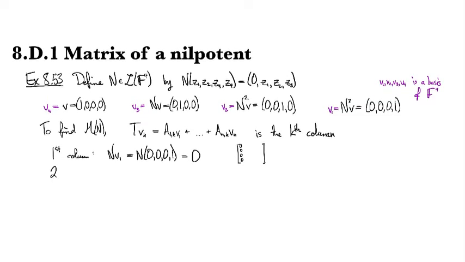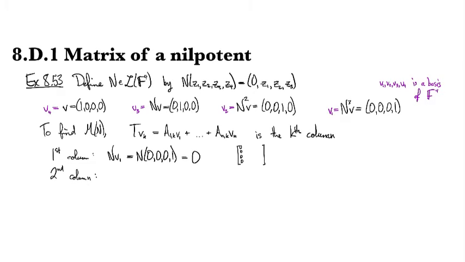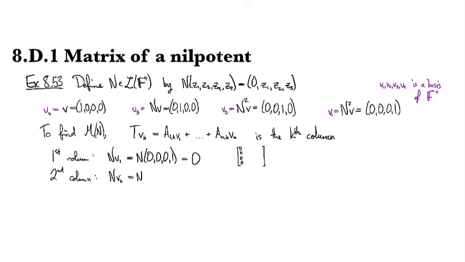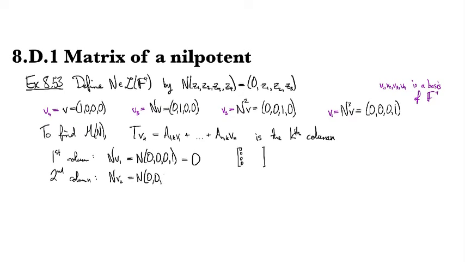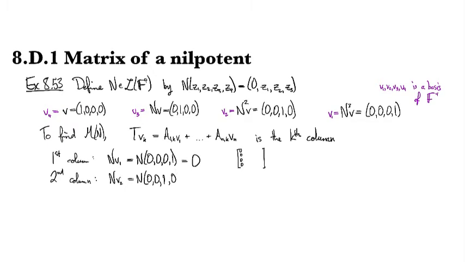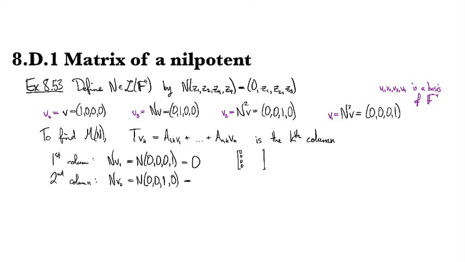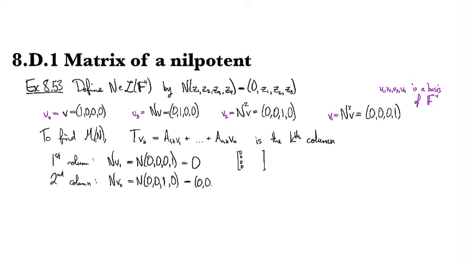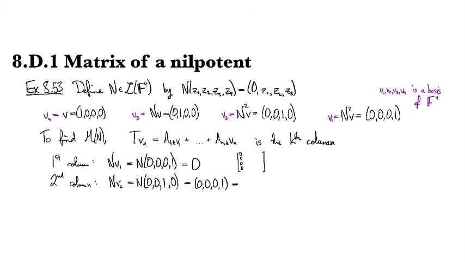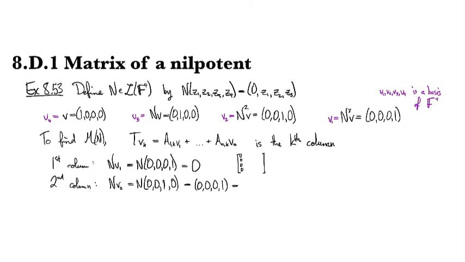Now, if we look at the second column, this is going to be n applied to v2, and so that's n of 0, 0, 1, 0. And so when we shift it, we're going to end up with 0, 0, 0, 1, and that's what it looks like in terms of coordinates, in terms of the basis vectors.